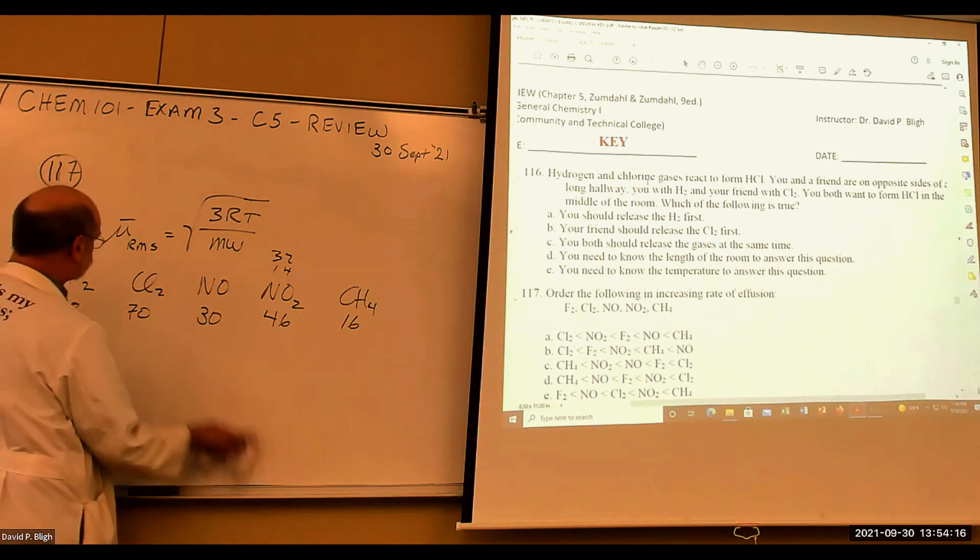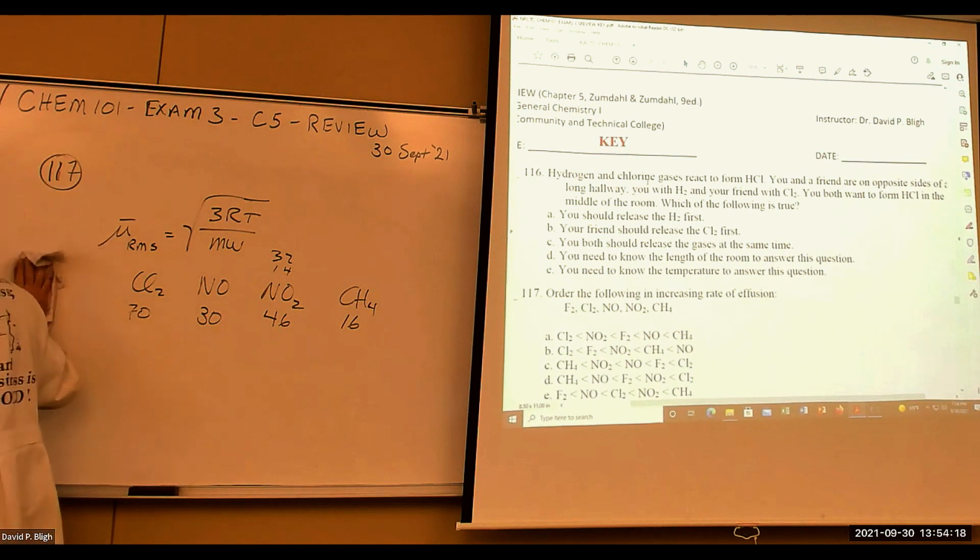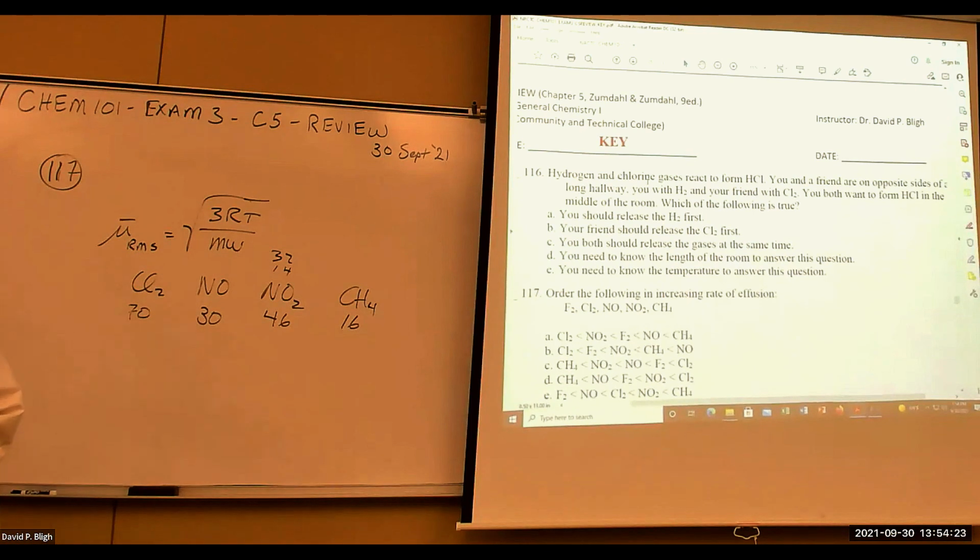Okay? And what does diffusion mean again? Rate of diffusion? Yeah. It's the movement of a gas. Like how fast it's going? Yeah, actually, diffusion is how fast does it move from one place to the other in terms of filling space.